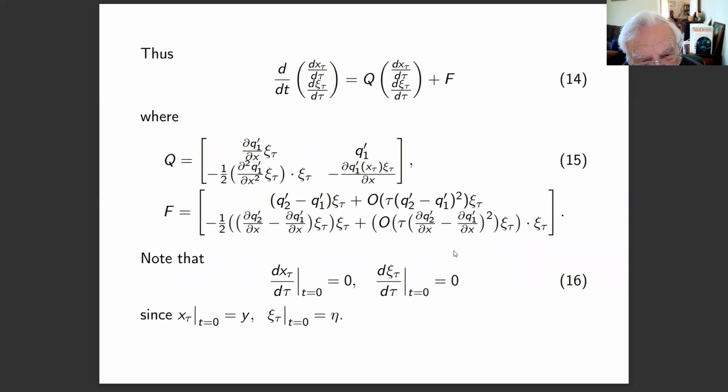And the initial condition for this system 14 is 0, because all x tau have the same initial data for all tau.